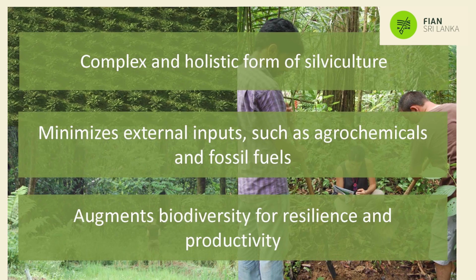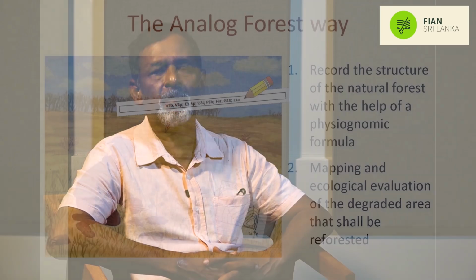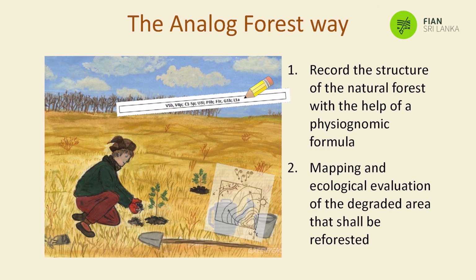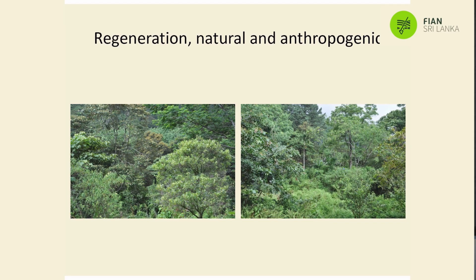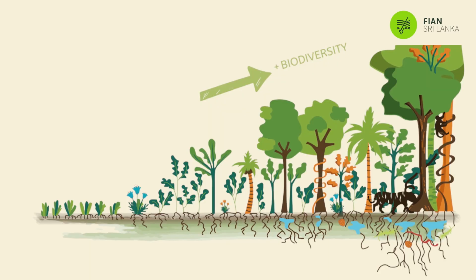But in analog forestry we do not look at only a few species. All the other agroforestry systems look at a handful of species, but in the analog forestry model, our design can increase the utility species, that means the ones people can use, up to 30 to 40 species in different layers. So there will be a ground cover, a shrub layer, and also mid canopy, canopy, and emergent.